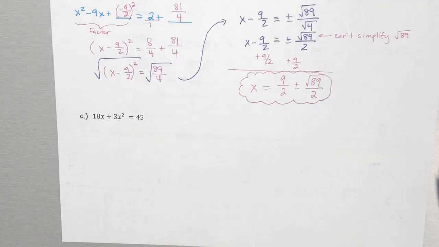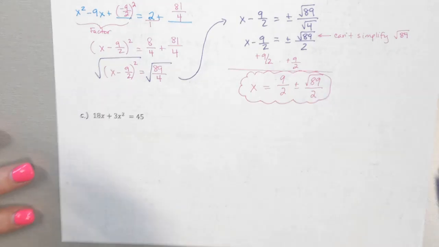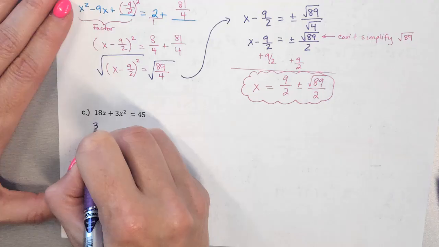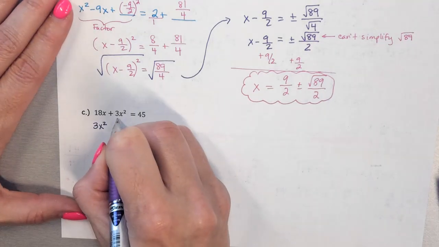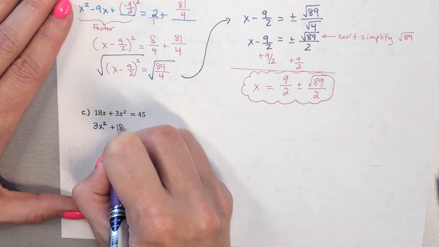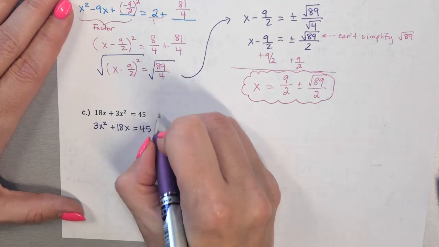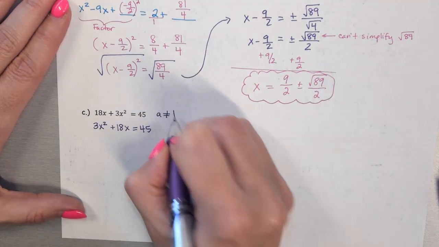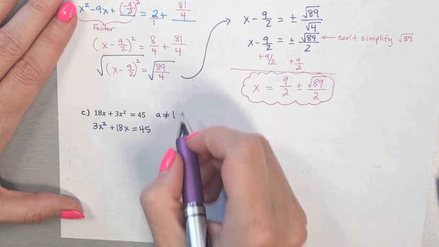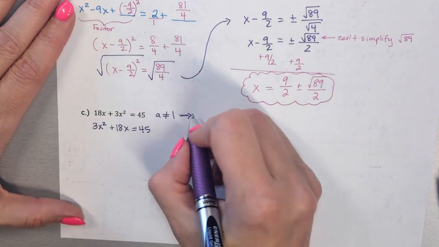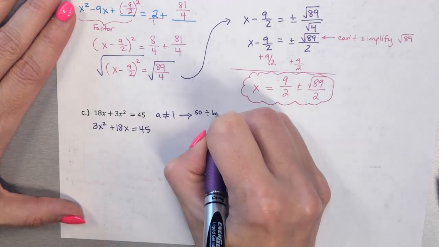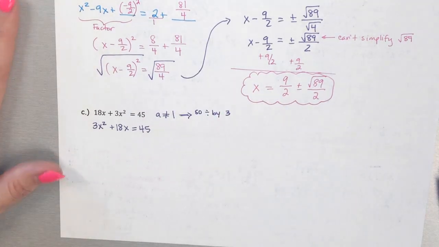All right, and then for part C, you have everything on the right side. Okay, we just want to rearrange it so it's 3x squared plus 18x equals 45. Okay, and in this situation, a does not equal 1. So when that happens, you have to divide everything by 3. That's your a value.